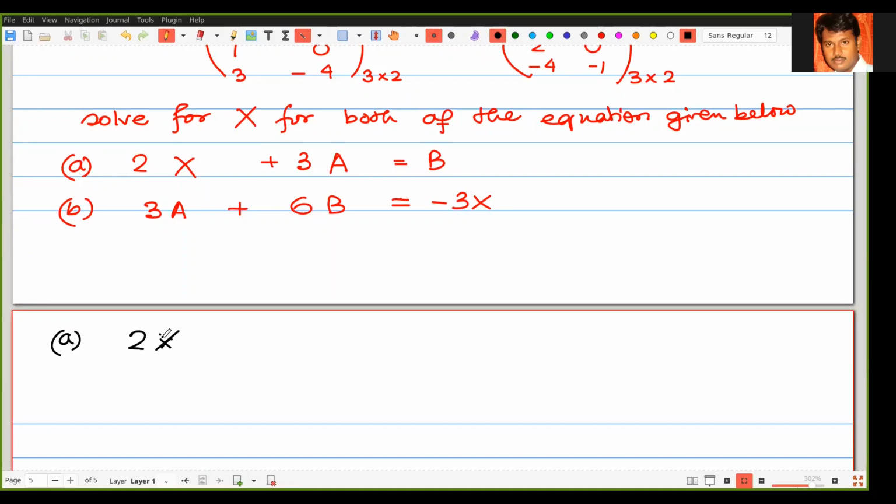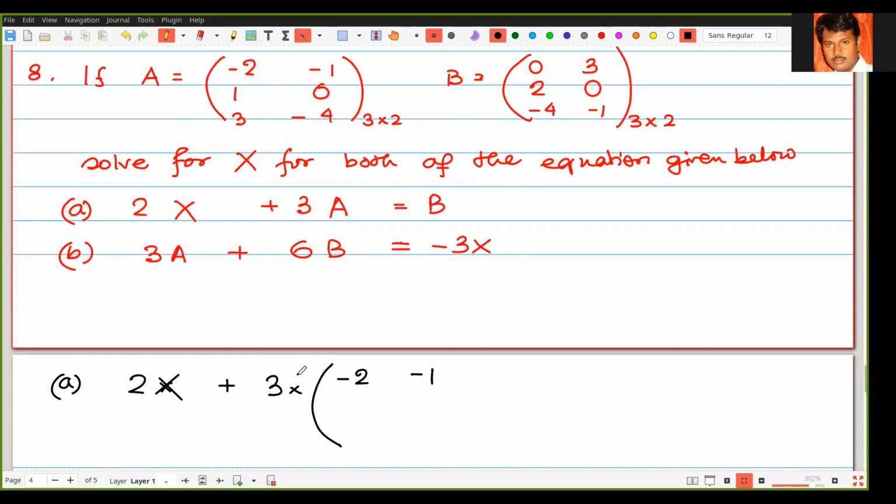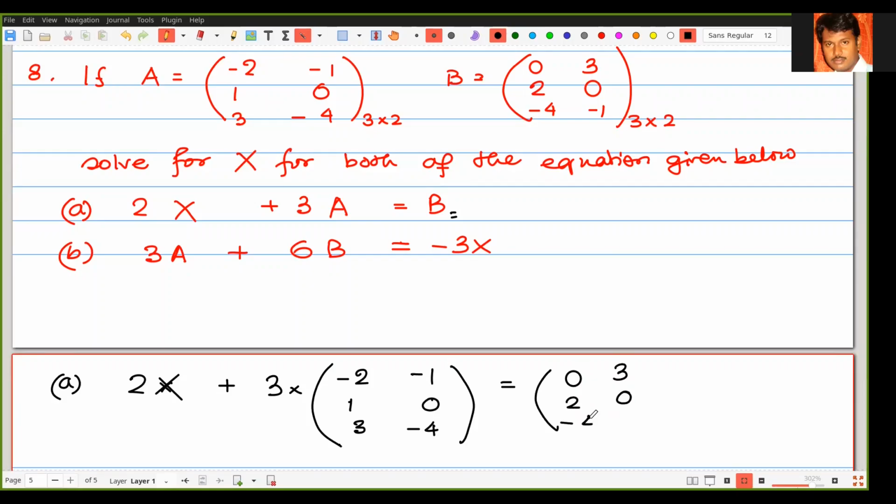Writing the values of A, that is [-2, -1; 1, 0; 3, -4], that is 3A, and then B, that means [0, 3; 2, 0; -4, -1].